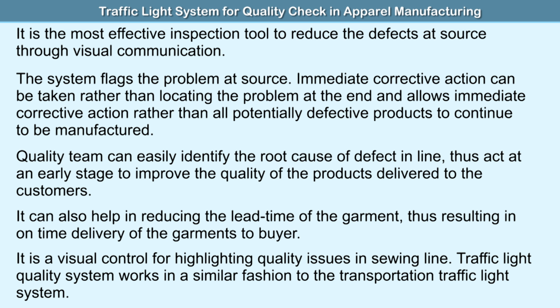Immediate corrective action can be taken rather than locating the problem at the end, and allows immediate corrective action rather than all potentially defective products to continue to be manufactured.